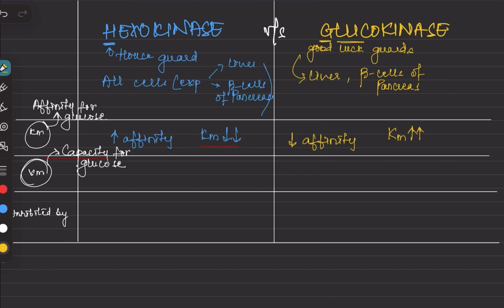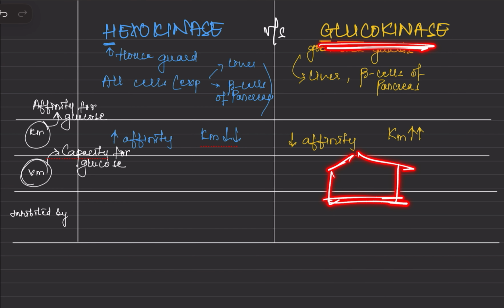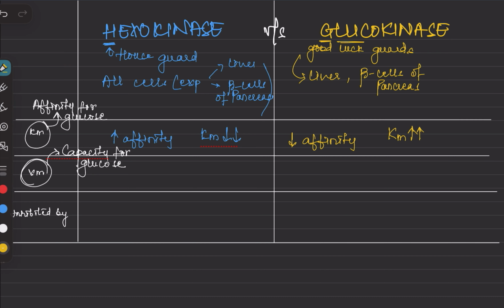Next, I spoke about Vm. This basically means capacity for glucose. So glucokinase basically stored it in a palace, whereas hexokinase stored it in small houses. So therefore capacity for glucose will be low in hexokinase and more in glucokinase. So let's write that down.